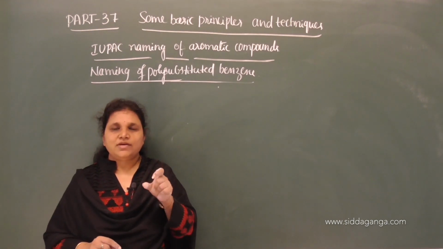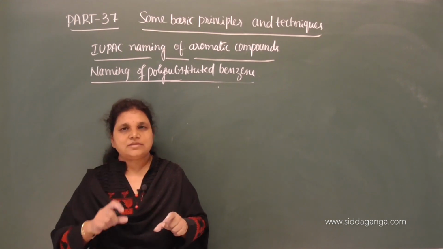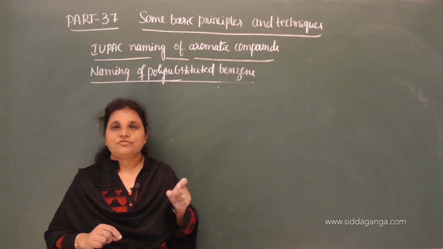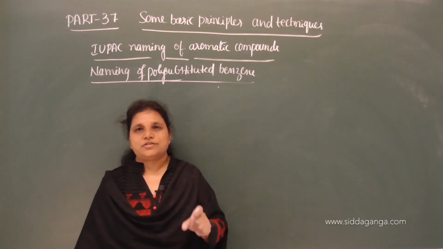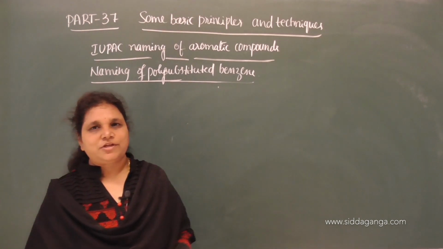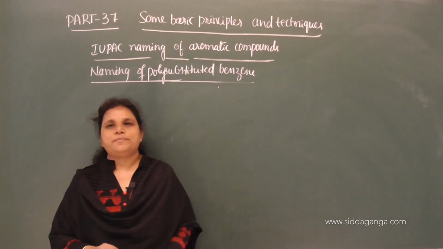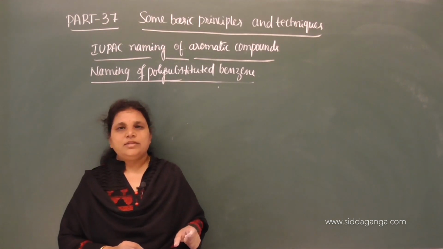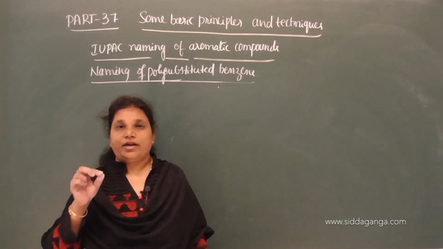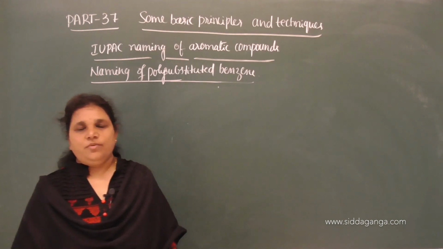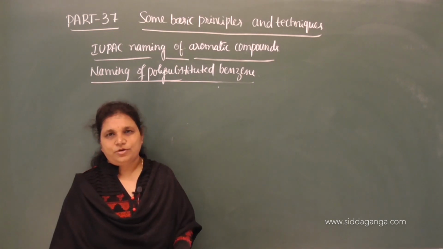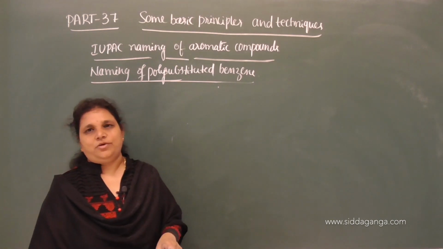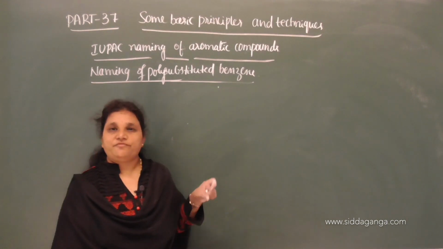So we cannot give a secondary suffix to all the functional groups; we need to follow the priority table and select one of the functional groups as the principal functional group. Only for the principal functional group do we give the secondary suffix, and the remaining functional groups we treat as substituent groups, and for those we give prefixes.